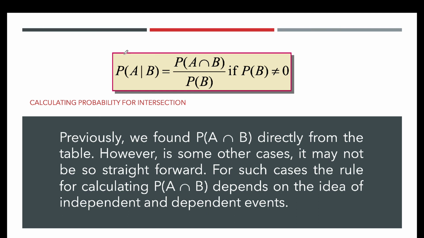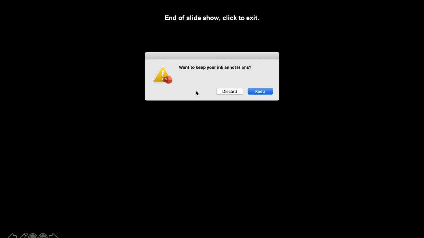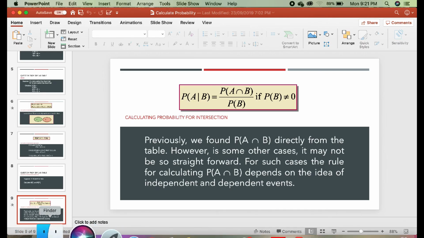Basically, this is the general formula for the probability of A given B, which equals the probability of A intersect B per probability of B, if PB is not 0. Let's move on to the next slide, which is on conditional and unconditional probability.